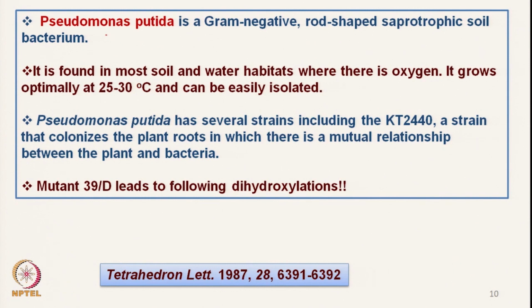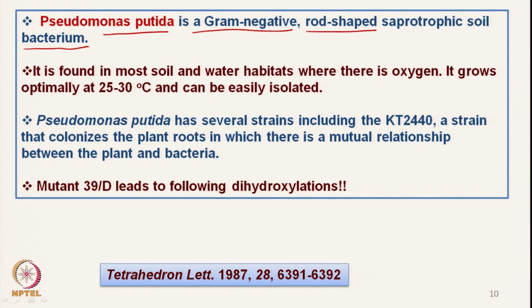Now we will move on to another interesting oxidizing agent which is based on a microorganism. For example, Pseudomonas putida is a gram negative rod shaped saprotrophic soil bacterium, and it is found in most soil and water habitats where there is oxygen.